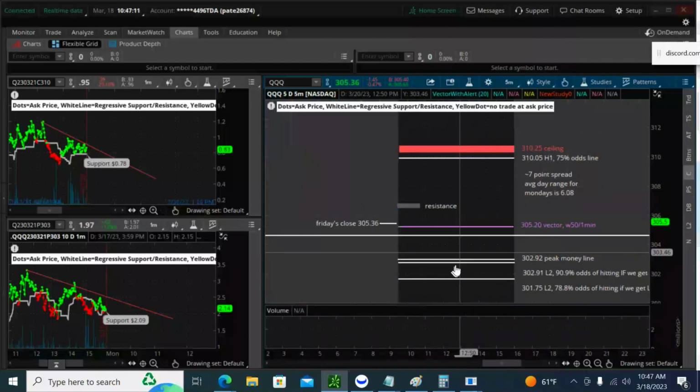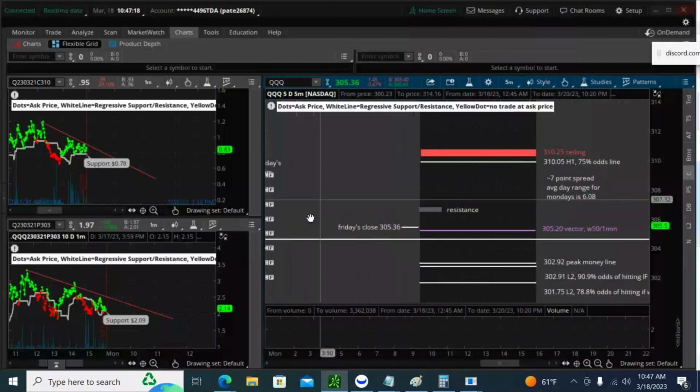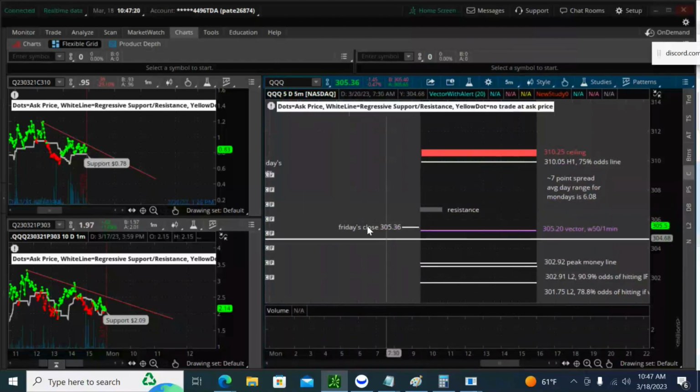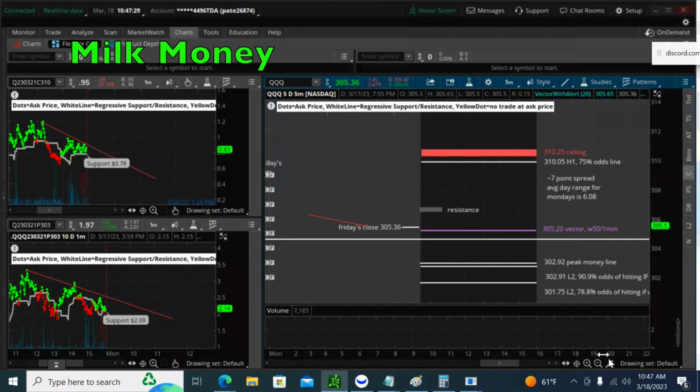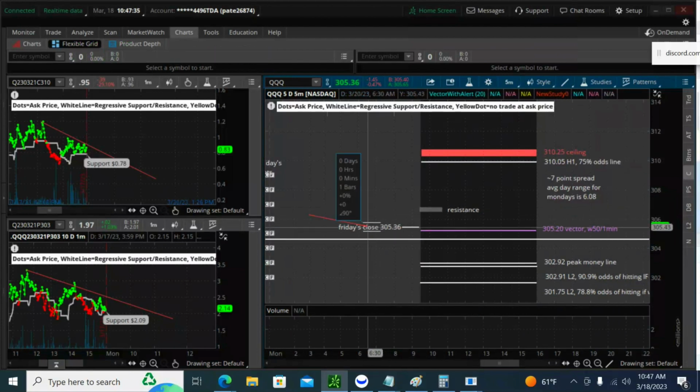So when we have the vector here, I've seen this tons of times. We come down and test in this time frame, and it's just incredibly annoying. This is where Aaron and everybody doing the futures just has a massive advantage.